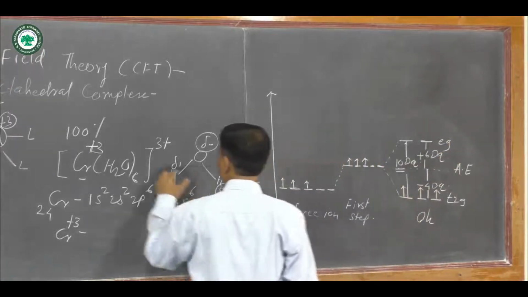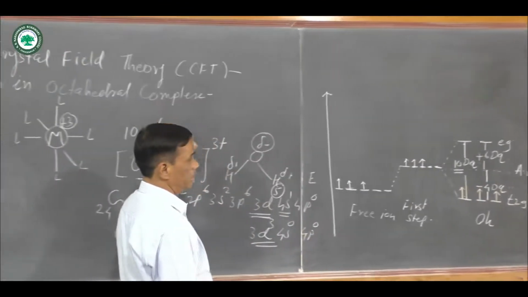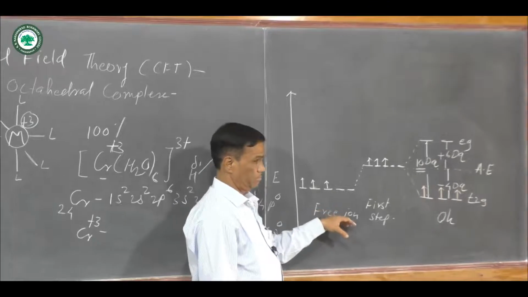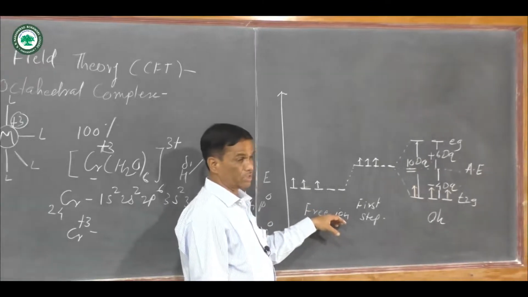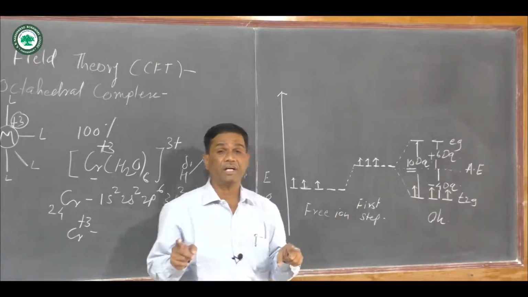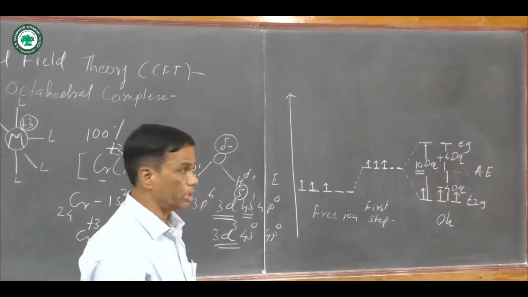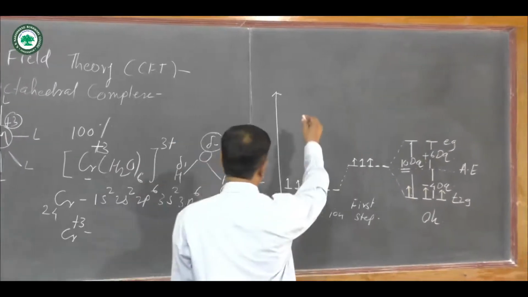From this splitting diagram for crystal field theory in an octahedral field, you can find out the number of unpaired electrons, meaning the magnetic property or magnetic moment.